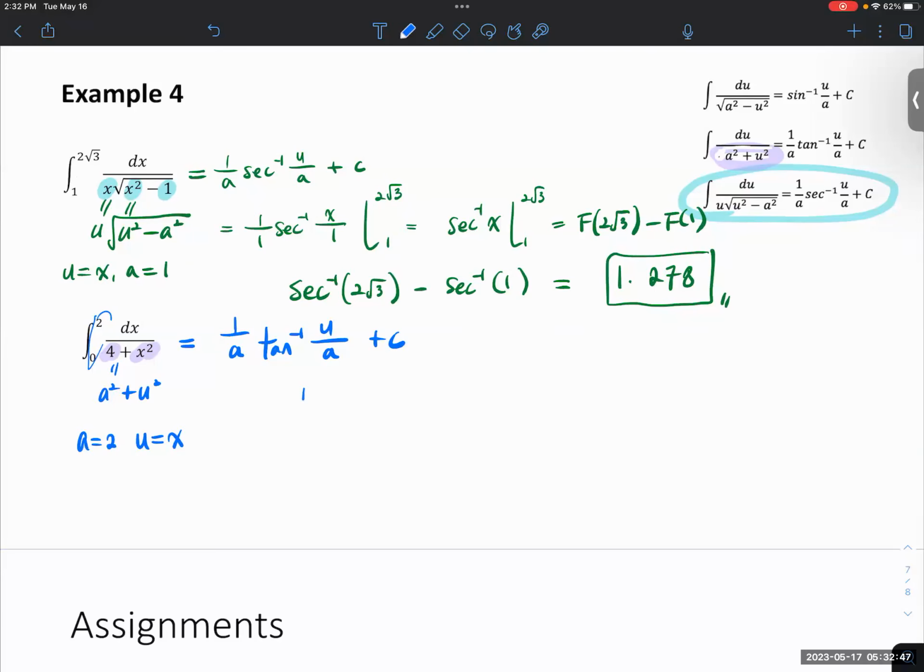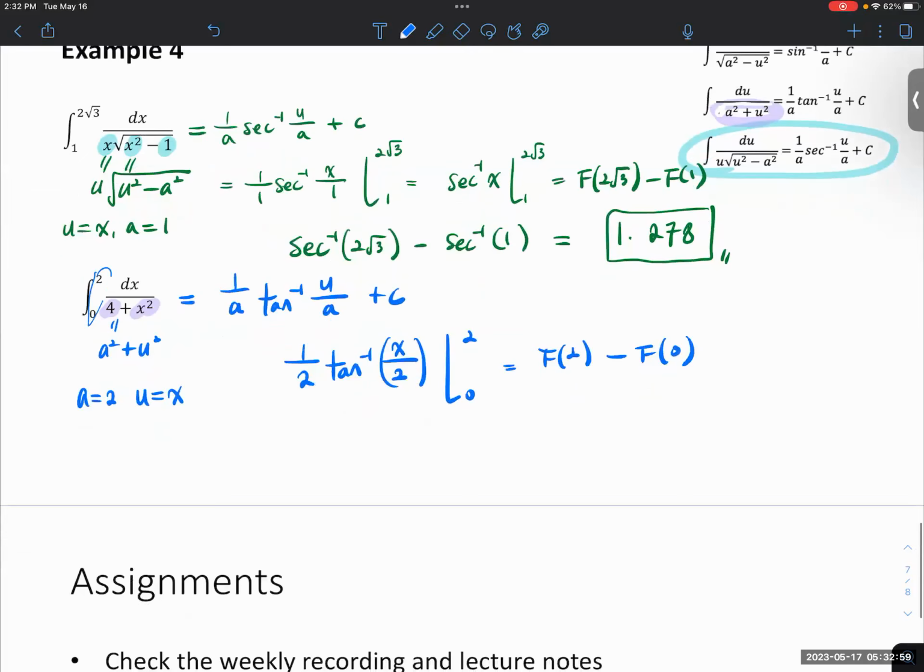So we already know 1 over 2 tangent inverse x over 2, and then from 0 to 2. That means the value at 2 minus the value at 0. So you're going to plug in 1 over 2 tangent inverse 2 over 2, which is 1, minus 1 over 2 tangent inverse 0 over 2, which is 0, isn't it?